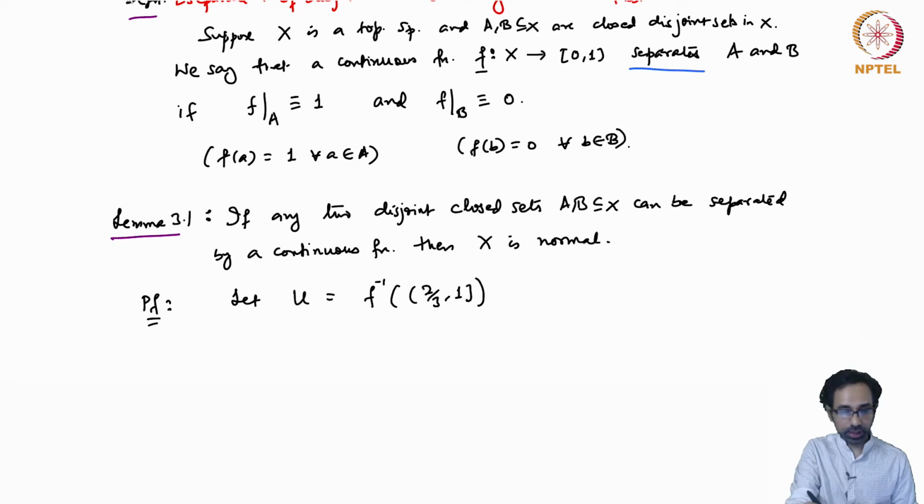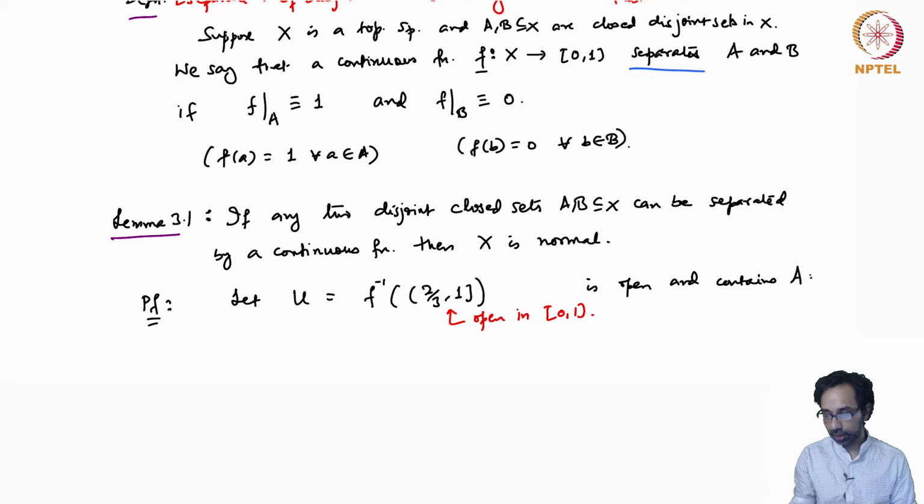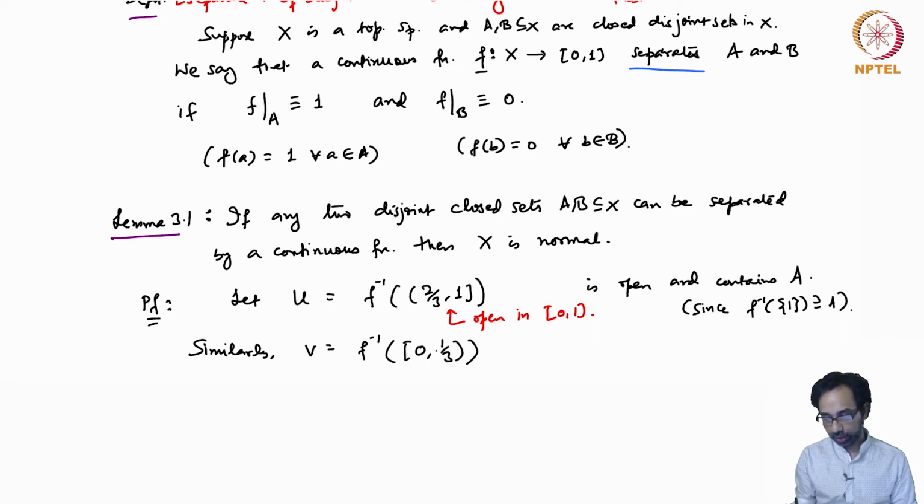Note that this set is open in the subspace topology of [0, 1], and so U is open and contains the set A, since f inverse of 1 contains A. So similarly we can take V to be f inverse of [0, 1/3), and again this is open in the subspace topology of [0, 1], and f being continuous.